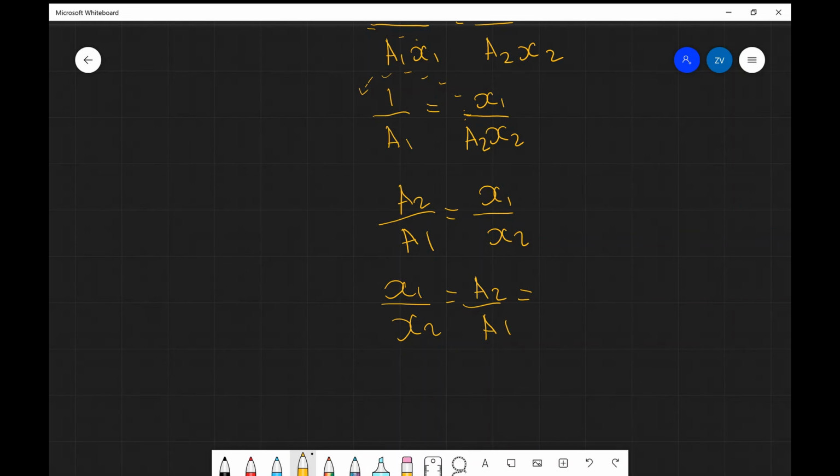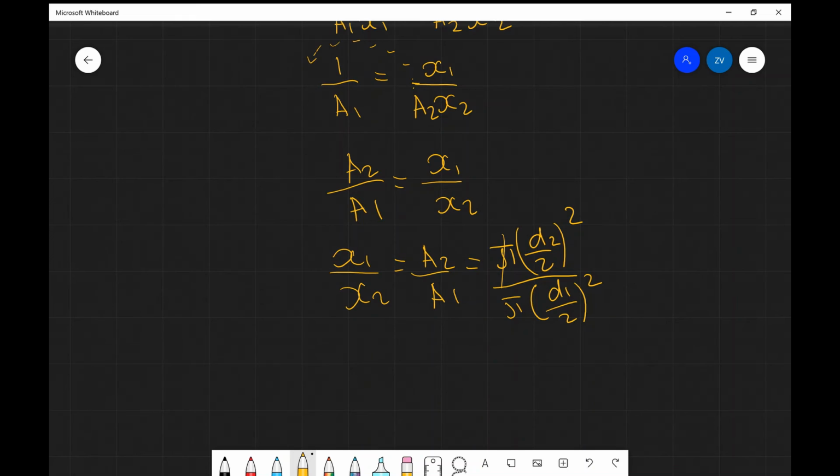So let's find that ratio. This is equal to pi times the diameter over 2 squared, and let's add some indices, and d1 over 2, all of it squared. So in this ratio, the pi's are going to cancel and these two squares are going to cancel.